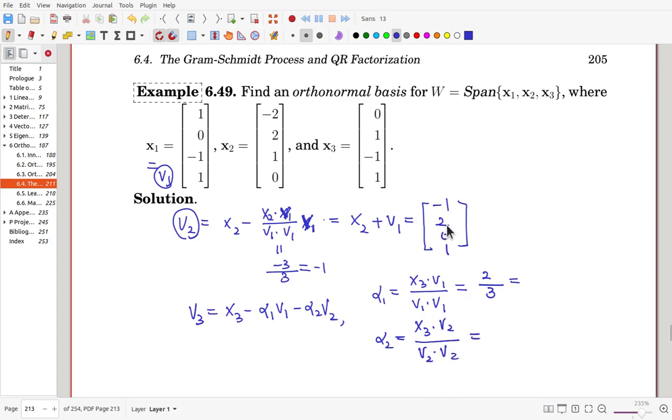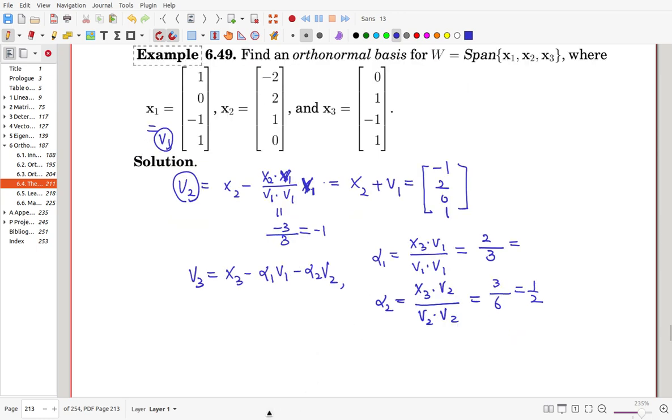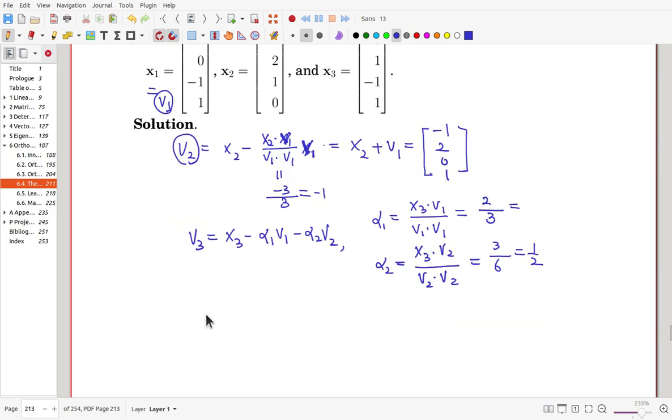Now the x3 dot v2 dot product is 0, 2, again 0, and 1. So it is a 3. The bottom must be v2 dot v2, 1 plus 4 plus 1, so it is a 6. That is a half. Okay. So here we have v3 is the same as x3 minus alpha 1, 2 over 3 v1, minus half of v2.